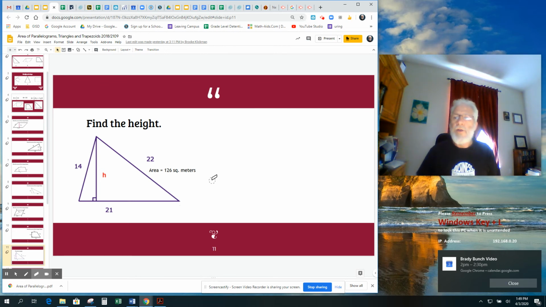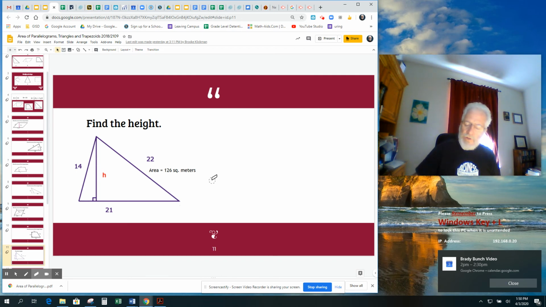And now I cut it in half and I divide both sides by 21. Okay, 252 divided by 21. So 21 goes into 25 one time, so 1 times 21 is 21, and I subtract, and I get 42.